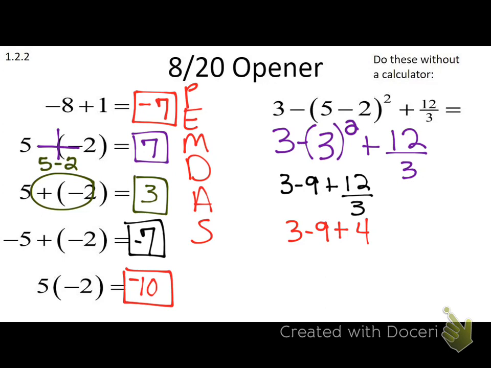What are they? Adding and subtracting. If I look at PEMDAS, the A comes first and then the S. Does that mean I have to do the adding first? Whichever one comes first, left to right. What comes first here? 3 minus 9. What's 3 minus 9? -6. And I bring down my plus 4. What's negative 6 plus 4? -2.